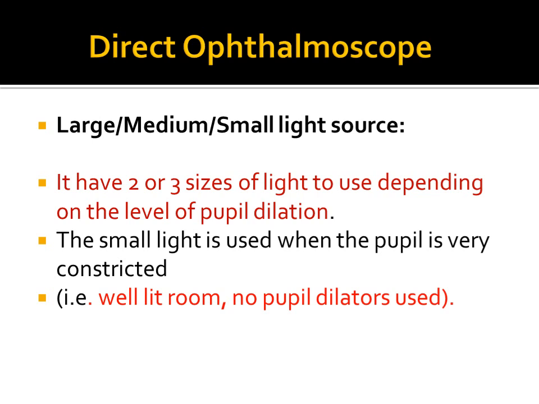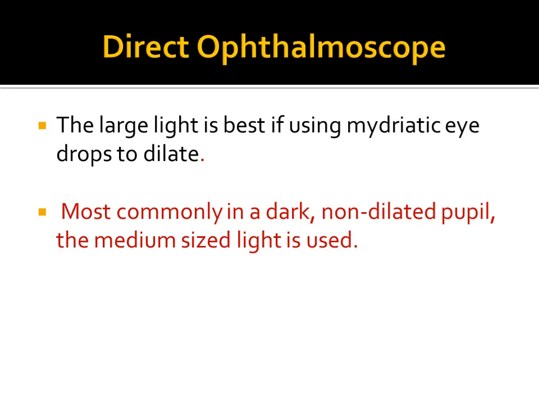The small light is used when the pupil is very much constricted. The large light is best when the eye is dilated with mydriatic drops and the eye is fully dilated. Usually, we do ophthalmoscopy in a dark room, with a non-dilated pupil, with the medium size light.